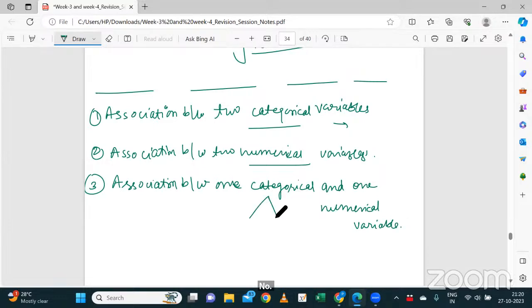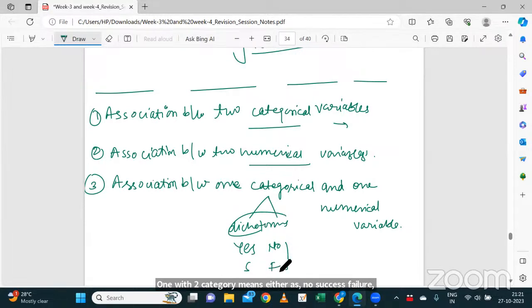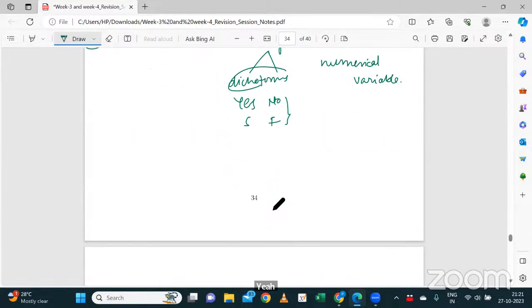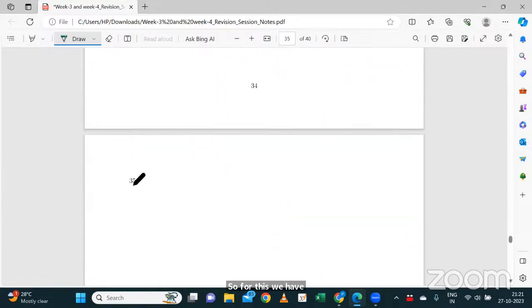Keep in mind that the categorical variable should have only two categories. Basically, it should be a dichotomous variable, like yes, no, success, failure, something like that. So for this we have the method.